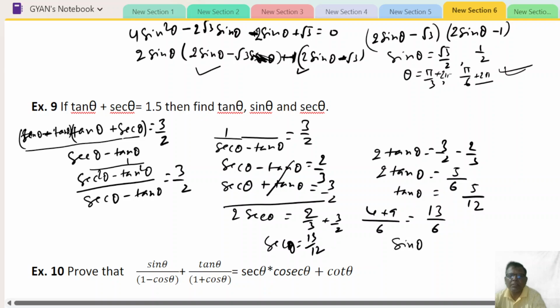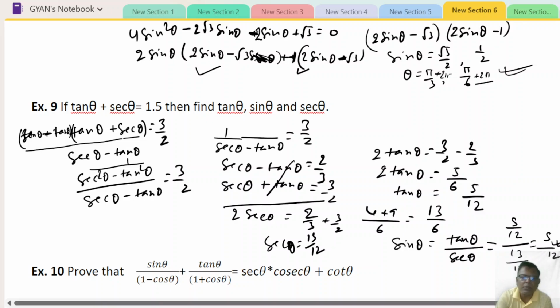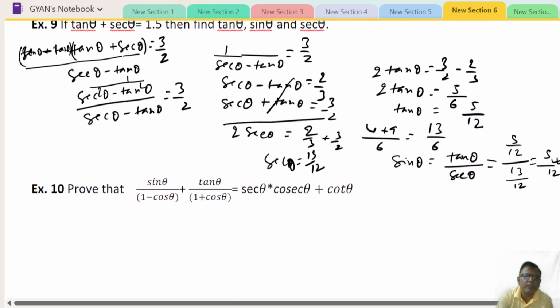The sin theta is equal to tan theta divided by sec theta. Tan theta is 5 by 12, you have found out, and sec theta is equal to 13 by 12. So that is equal to 5 by 13. That is the answer. Now come to the next question.